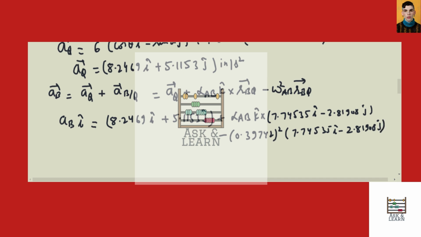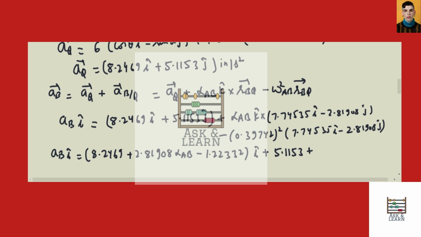After simplifying, this equation can be written as 8.2469 plus 2.81908 alpha AB minus 1.22 i cap plus 5.1153 plus 7.74 alpha AB plus 0.44526 j cap.